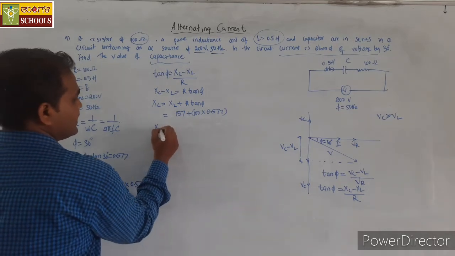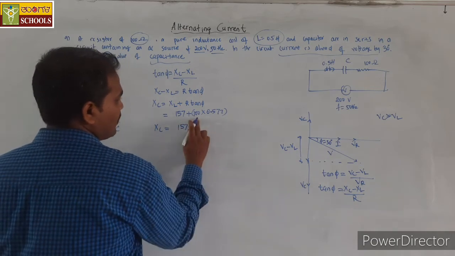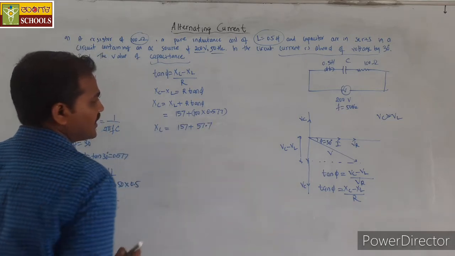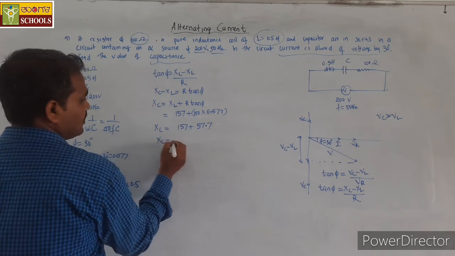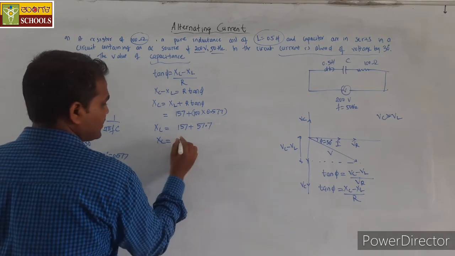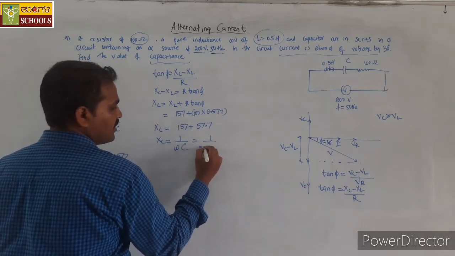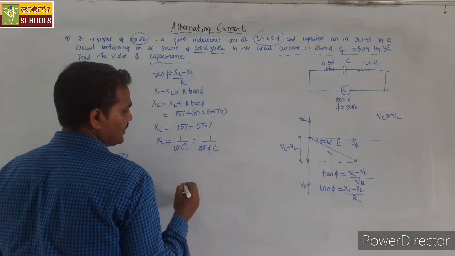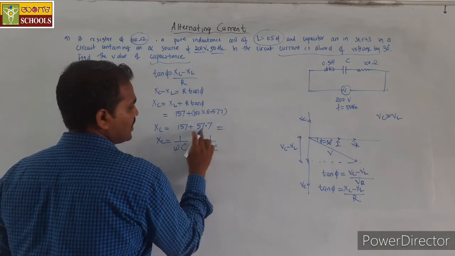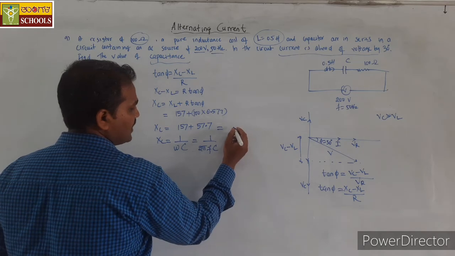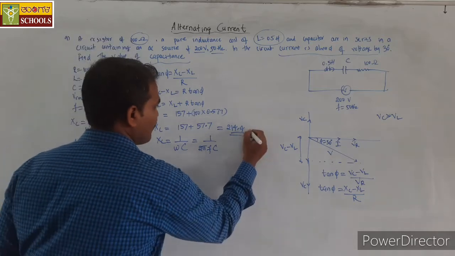So I get XC is equal to 157 plus 57.7. Then XC is equal to 1 divided by omega into C, that is 1 divided by 2 pi f into C. So this XC is equal to 157 plus 57.7, which is 214.4 ohms.